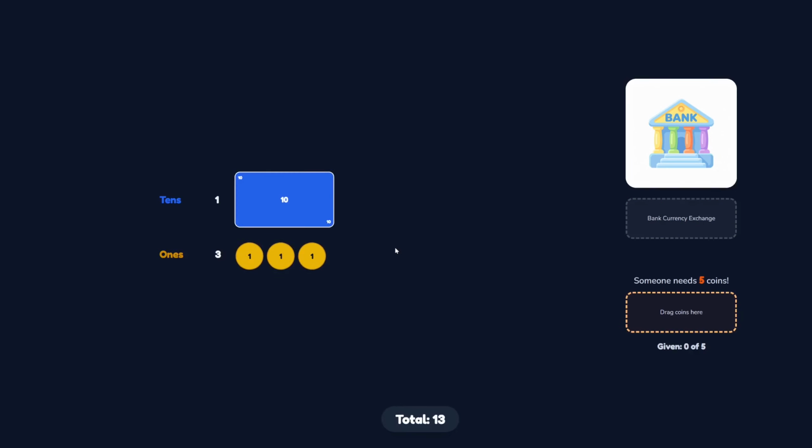Let's have a look once again. We had 13 of something, 1 tens and 3 ones. So 1 tens plus 3 ones is equal to 13. That's what we see here. But if somebody is asking you, can you give me 5 ones?